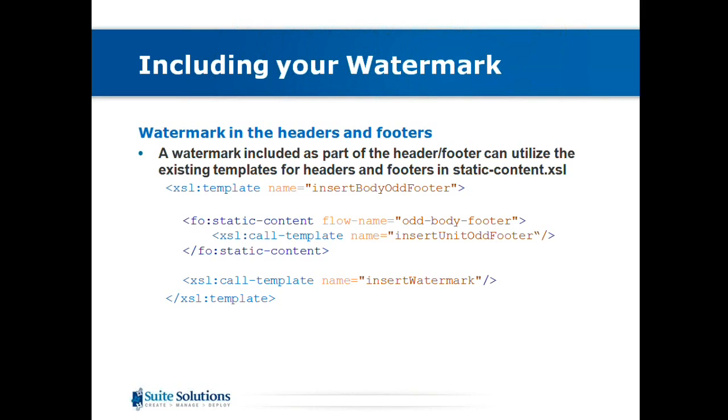And then the next line, XSL call template name equals insert watermark, is the line that we're adding here to actually insert the watermark. And in insert watermark would be including the text or the image or whatever it is that we want to include in the footer. And then this gets included right in the odd footer of the body.